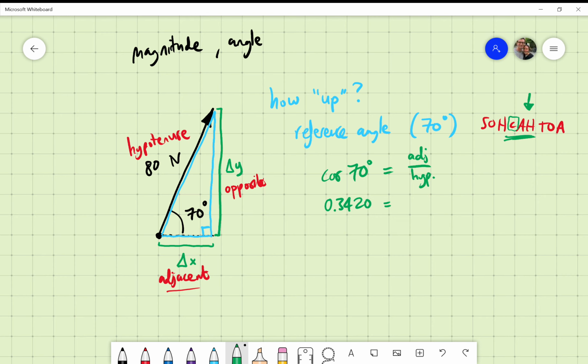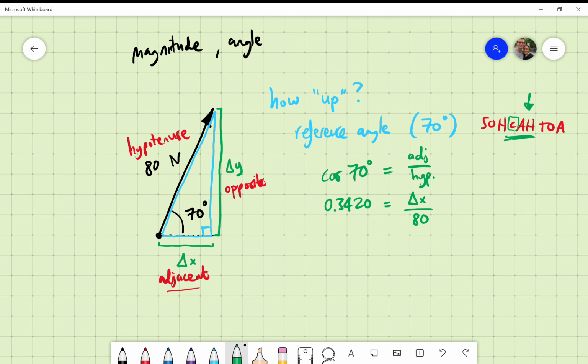And let me actually go one extra step here. I'm going to replace the words adjacent and hypotenuse with what is actually in my diagram. Because I put delta x, the measurable change in x, down the bottom, and I put 80, because 80 is the length of the hypotenuse.